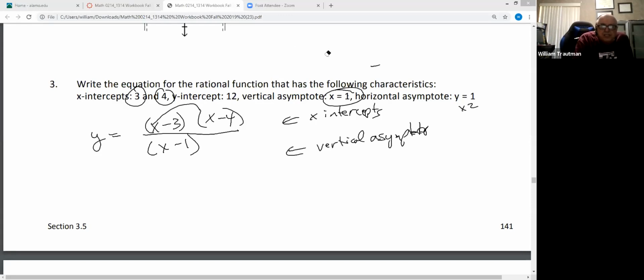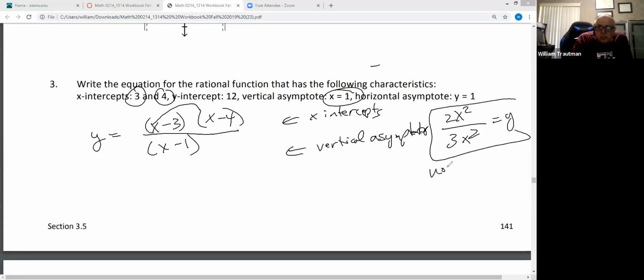There's 3 scenarios that I'm going to talk about. If you have the same powers, if you have an equation and you have the same powers, the horizontal asymptote are the numbers in front.